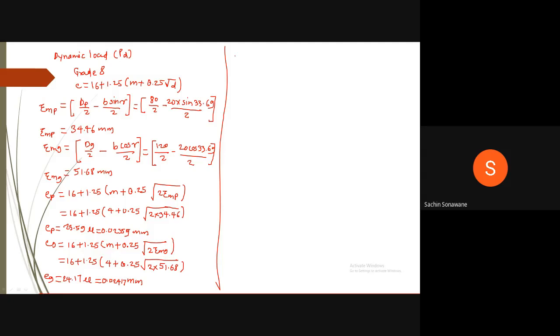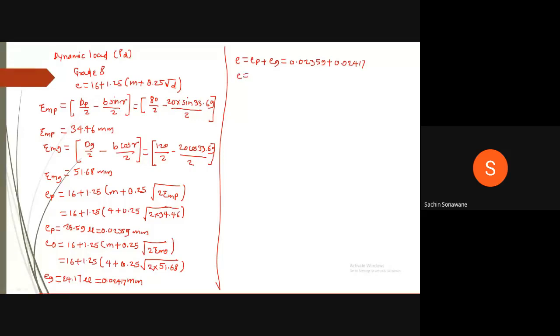Now we'll calculate total error. Total error E is equal to EP plus EG, which is equal to 0.02359 plus 0.02417.